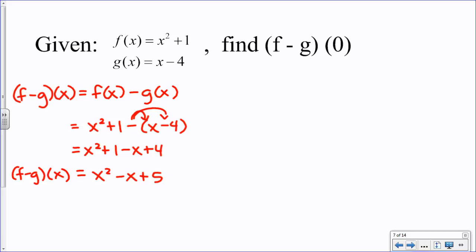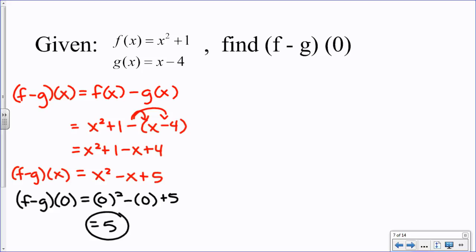So let's do f minus g of 0. Well, plug 0 in for x. What do I get? 5. That's it.